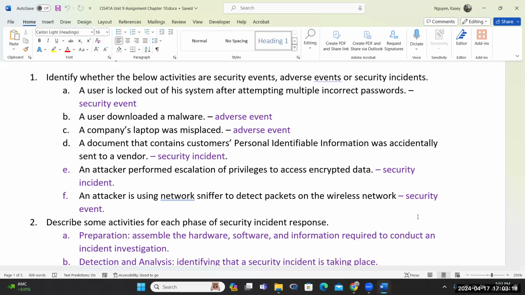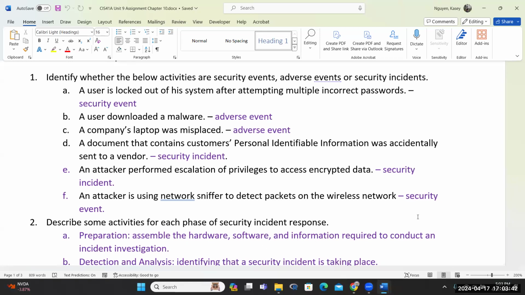Okay. So for question 1A, it says a user is locked out of his system after attempting multiple incorrect passwords, right? This person has simply failed to log in. That is a security event. So I forgot my password because I came back from vacation and I'm not able to log into the network. That is considered a security event.